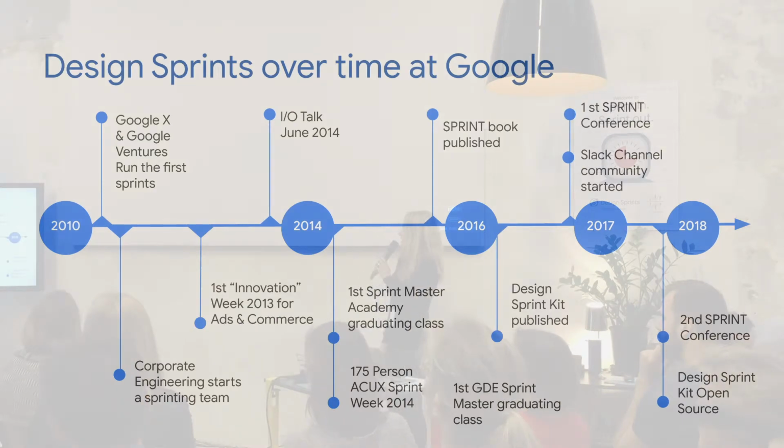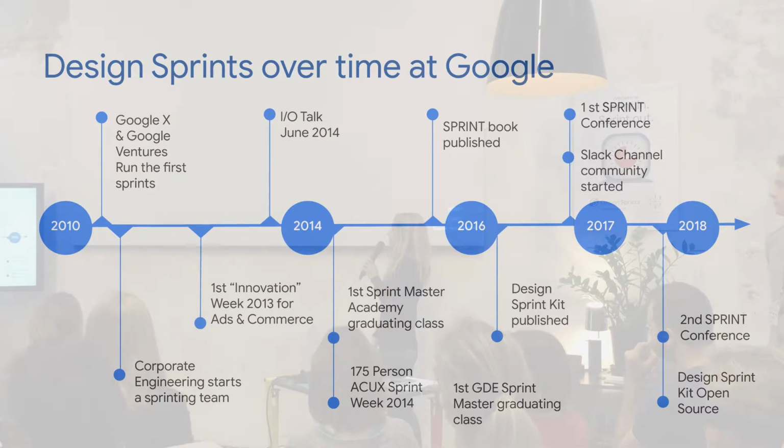And here's the timeline. I mentioned 2010, Jake started trying out what happens if we clear our calendars for 5 days, looking at the tyranny of the 30-minute meeting. We talk very much about the tyranny of the 30-minute meeting, getting in the way of actually working well together.